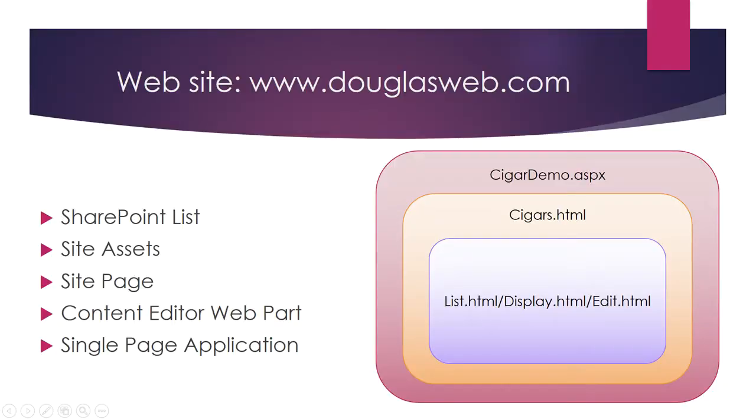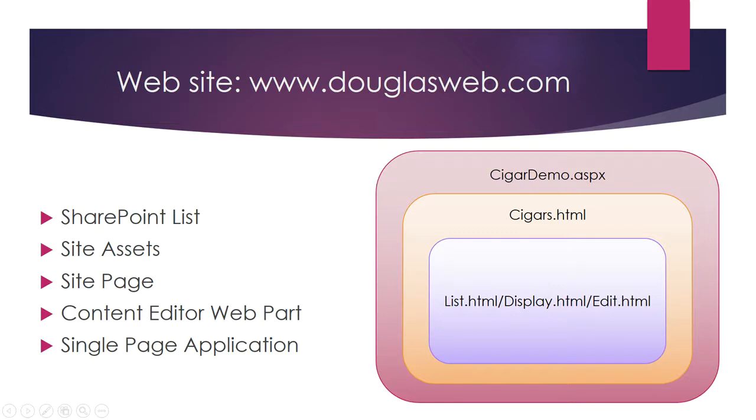Here is our website, www.douglasweb.com. Inside of that, we're going to be creating a SharePoint list. We're going to be looking at the files inside assets. We're going to be creating a site page. As you see on the right, that's going to be cigardemo.aspx. Inside of that, we're going to insert a content editor web part that is going to point to cigars.html.